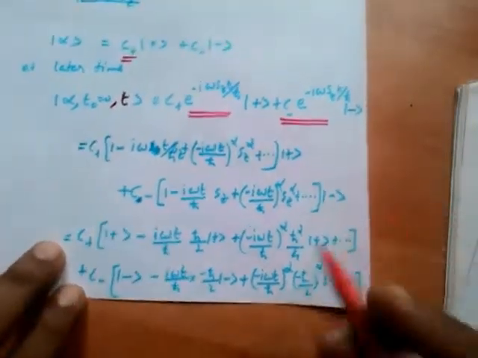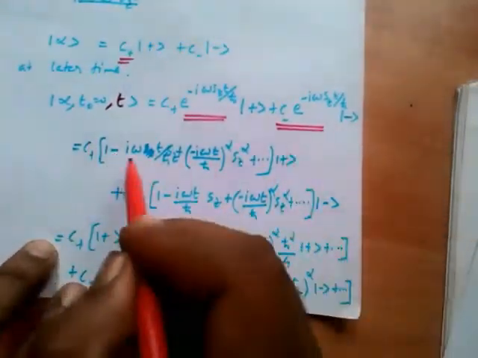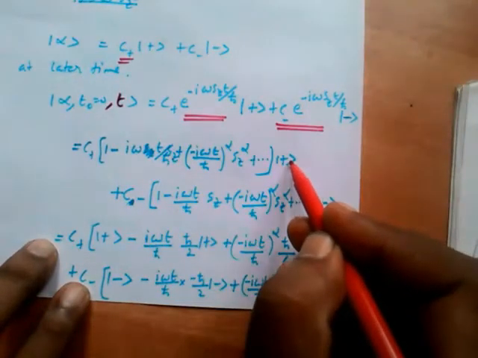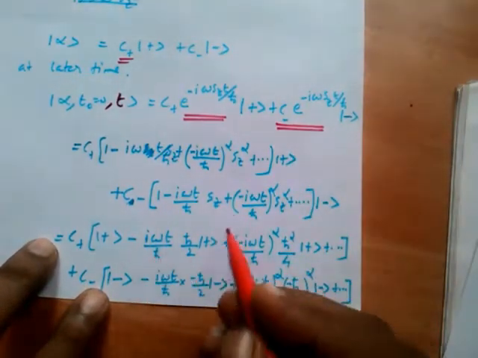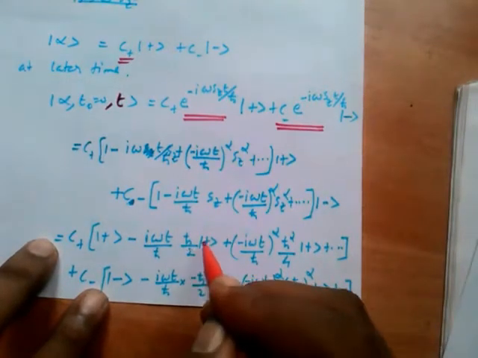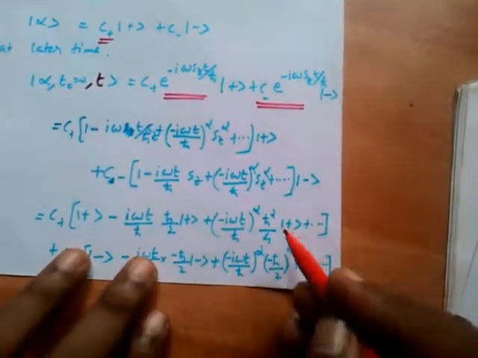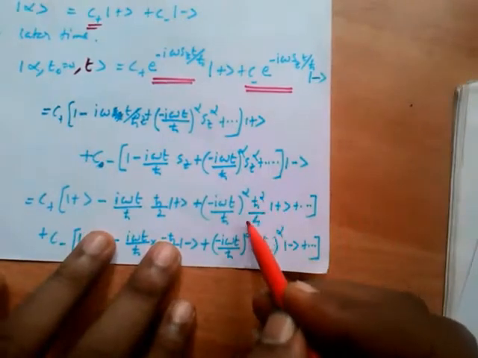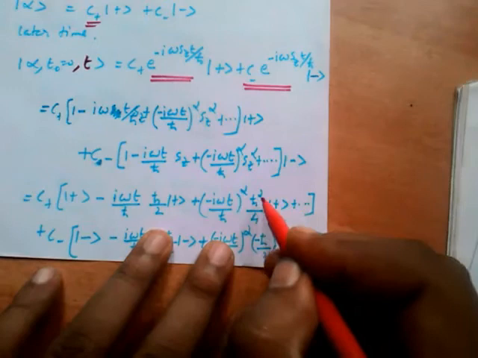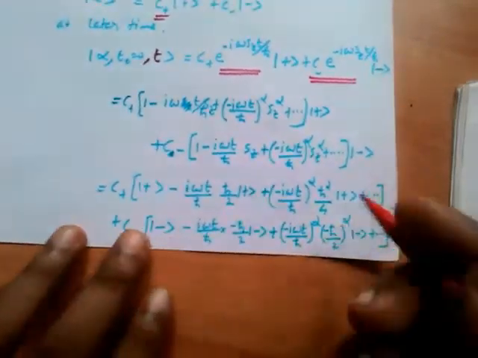That is equal to, we can take the plus state, minus i ω t over ħ S_z operating on the plus state. If S_z is operating on the plus z state, you will get an eigenvalue ħ over 2, plus and so on. If we operate this twice, we get ħ squared over 4, like that.